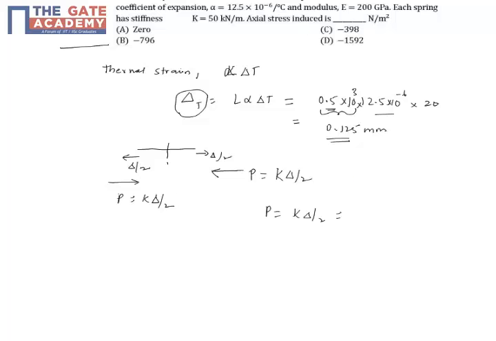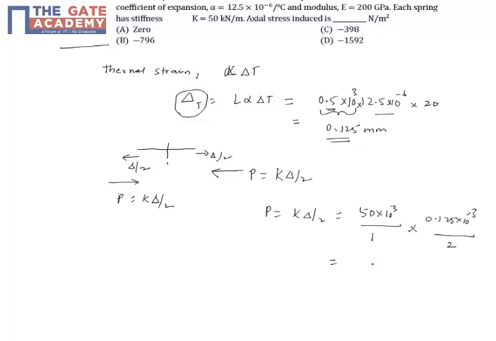K, the spring constant, is given as 50 kilonewtons per meter, so 50 into 10 power 3 Newton per meter. We have to use delta in meters now, so 0.125 into 10 power minus 3, divided by 2. Remember, don't forget that 2, because it's delta by 2 on both sides.